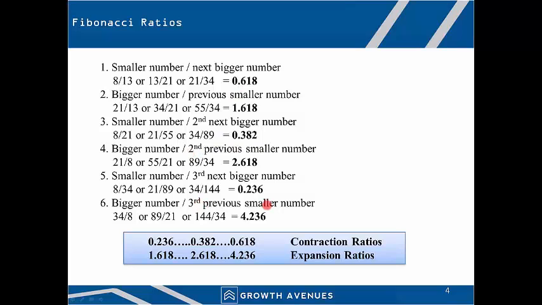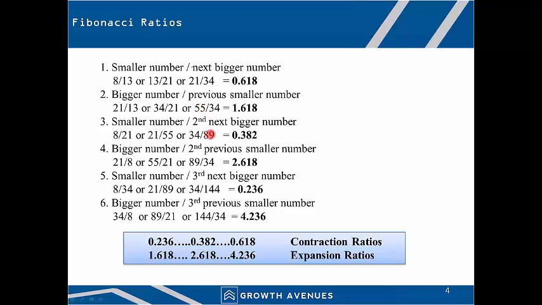Alright. So third next bigger will be 8, next bigger 13, second next bigger 21, third next bigger is 34. So 8 divided by 34, or 21, next bigger 34, next bigger 55, third bigger 89.